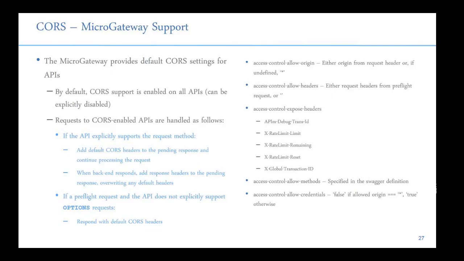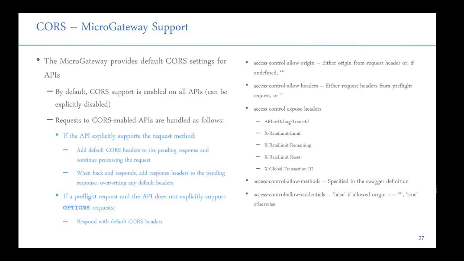Mainly because it has to happen before authentication occurs, which means that we can't just allow an options request through to the back end to let the API that we're proxying to handle it, because it hasn't actually met authentication yet.